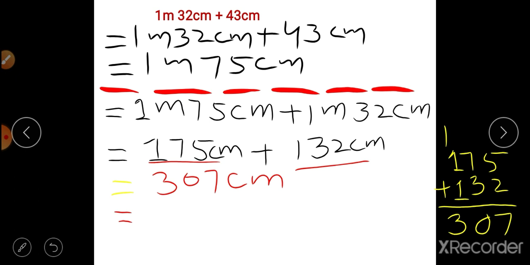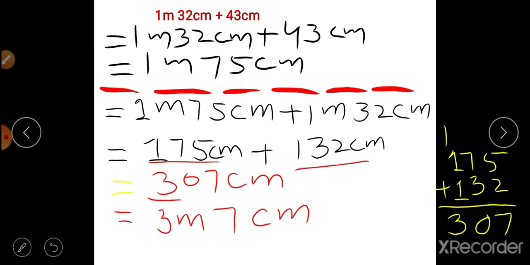For this purpose, the first thing we have to check is that 1 meter equals 100 centimeters. So here we have 300 centimeters, which converted to meters is 3 meters and 7 centimeters.